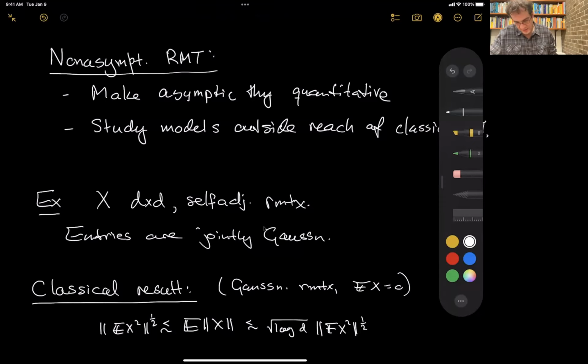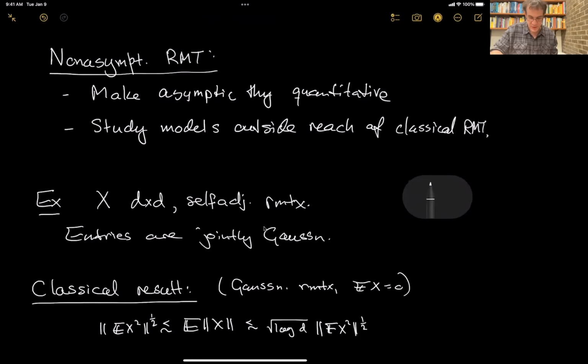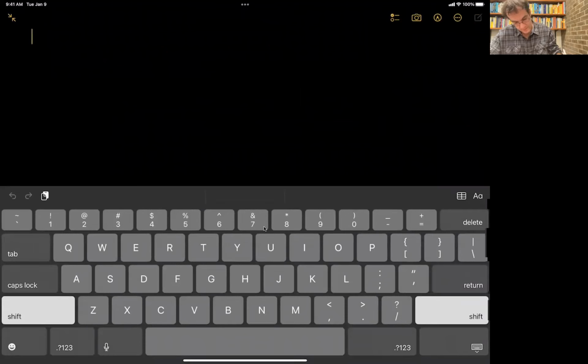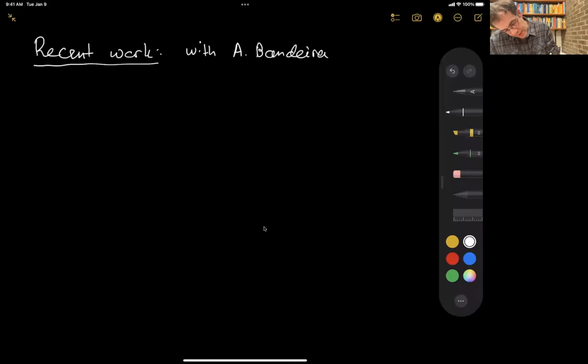Now, I want to make a slight detour here and say that very recently, in work with Afonso Bandeira and March Boedihardjo, we made a huge amount of progress in understanding Gaussian random matrices.